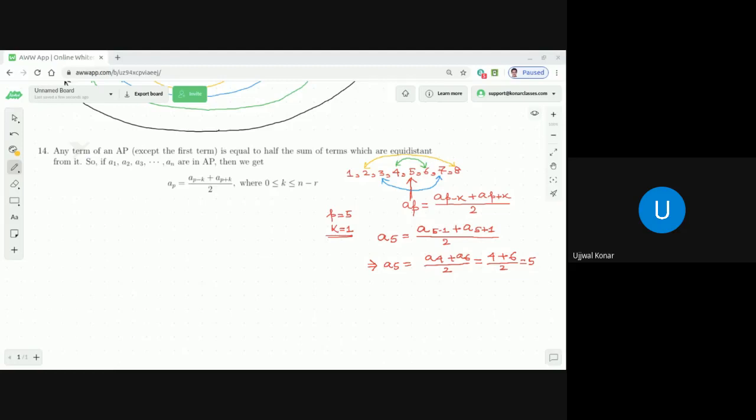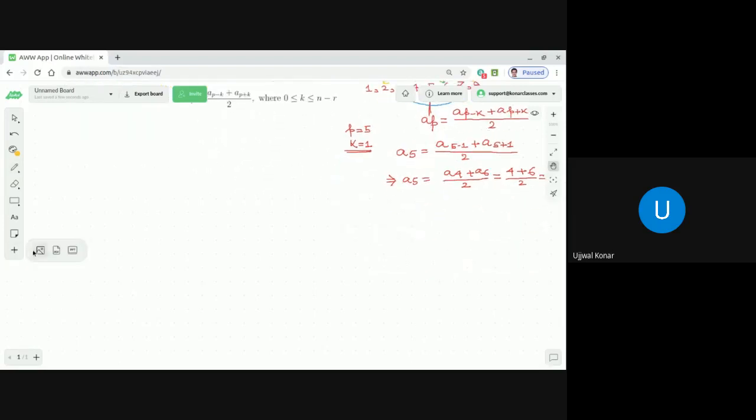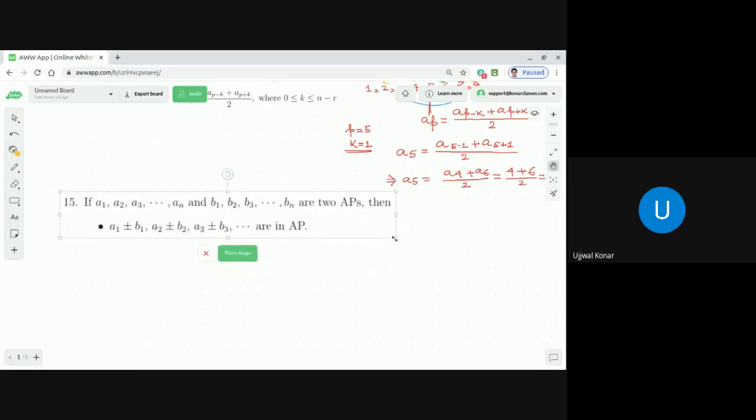The first one is that we can say that A1 plus B1, A2 plus B2, A3 plus B3, A4 plus B4, all these things are in AP. Okay? And they're minus also.